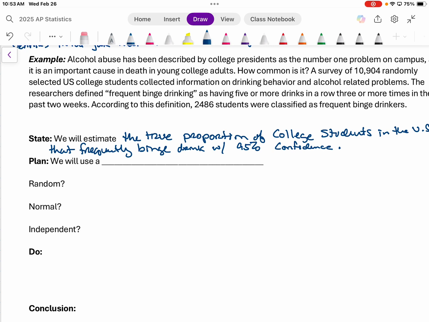Real easy. We will use a one sample z interval for proportion. And I usually like tying in here, if conditions are met.